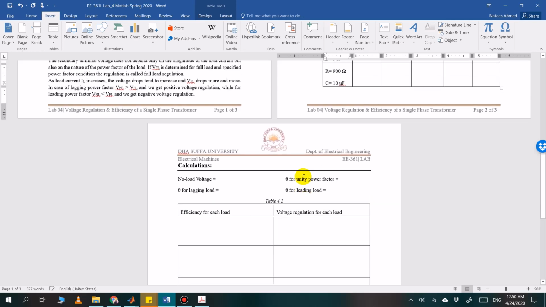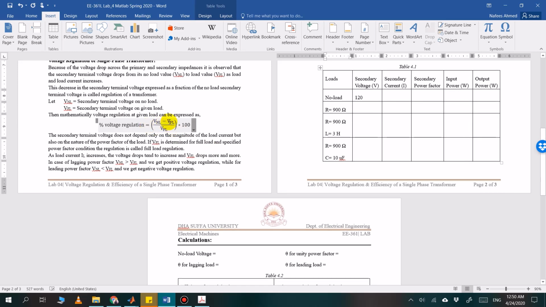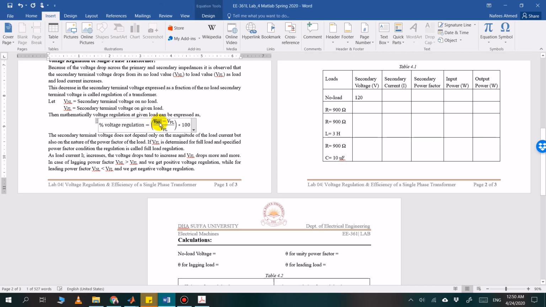Voltage regulation will be calculated just like this. This no load voltage is fixed, that you have already found, 120 volts, and full load voltage is basically this secondary voltage that will change according to the type of load.